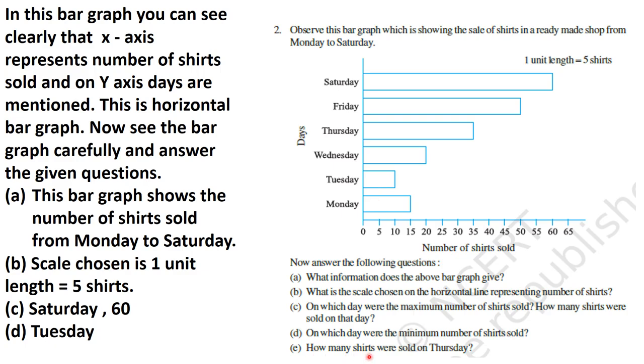How many shirts were sold on Thursday? Now see, where is Thursday? Here it is. See, how many shirts were sold? Bring it down like this. So how many shirts were sold? 35. Answer of E part is 35 shirts. Okay. So you have to read the graph very carefully.